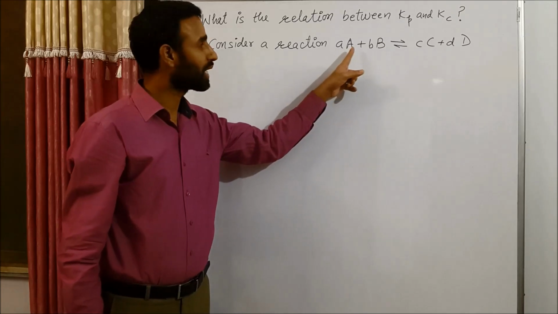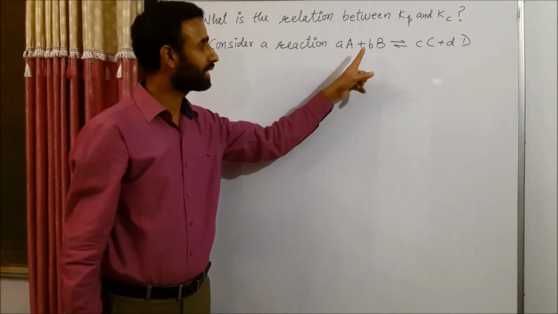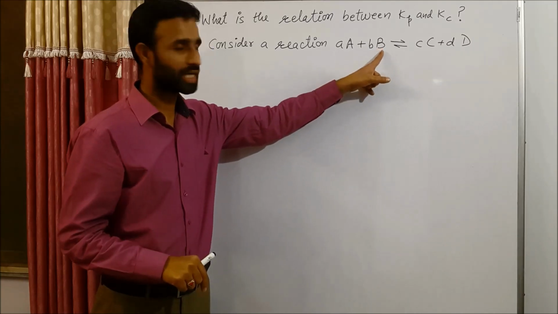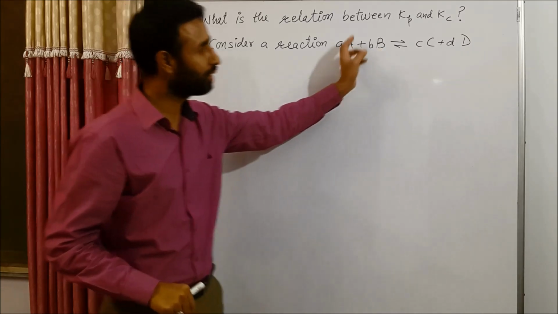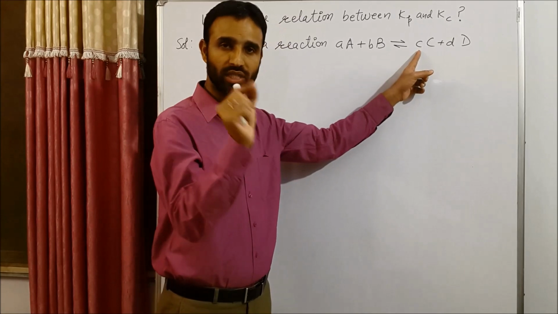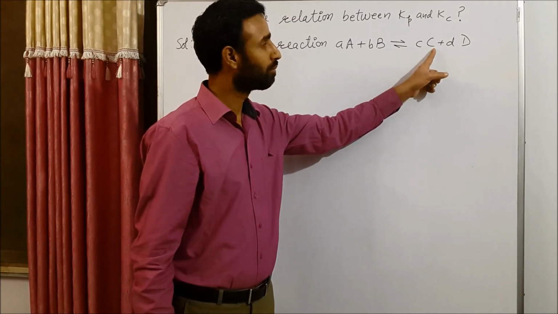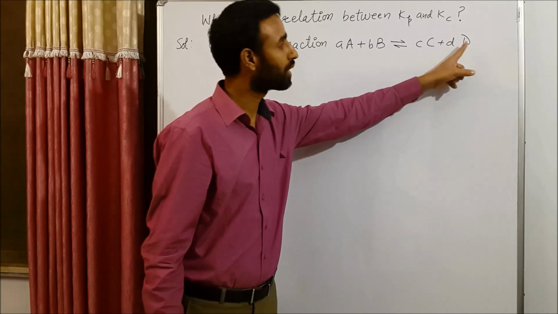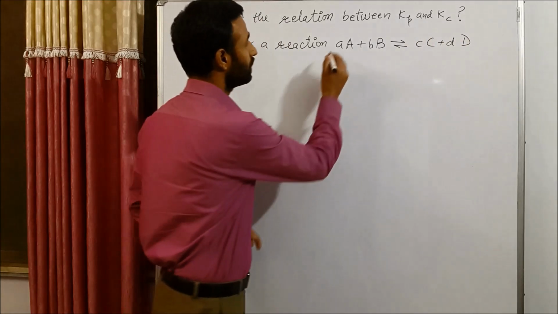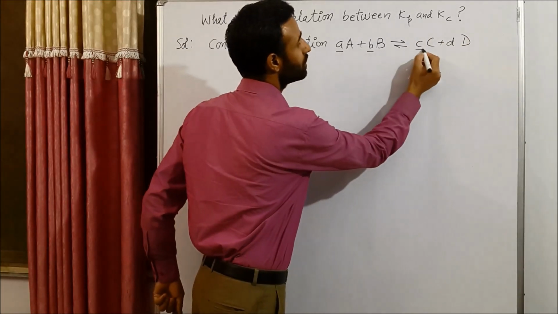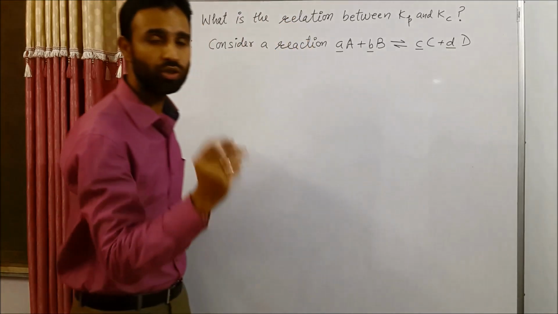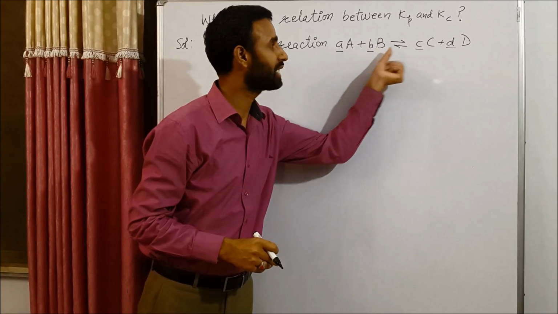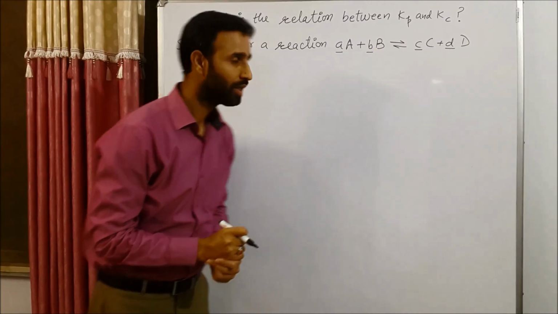Small a moles of reactant capital A reacts with small b moles of reactant capital B to give small c moles of product C and small d moles of product D. These a, b, c and d are the stoichiometric coefficients of reactants and products.